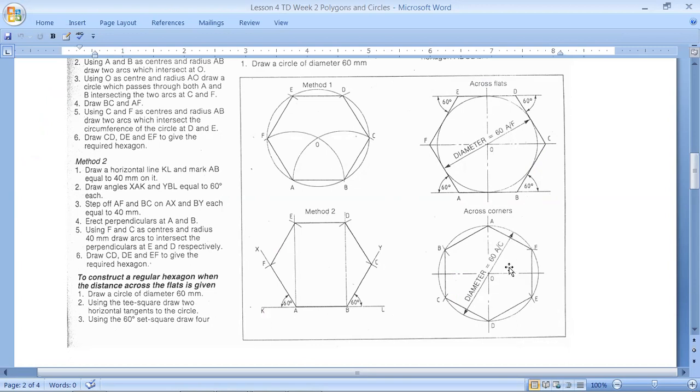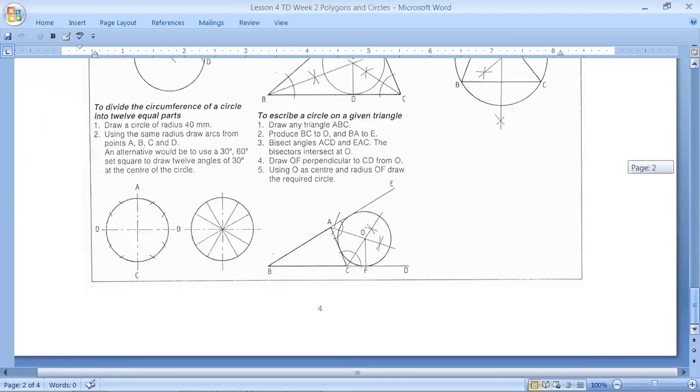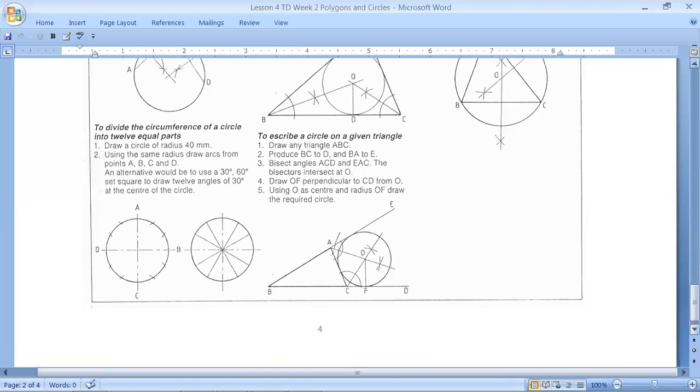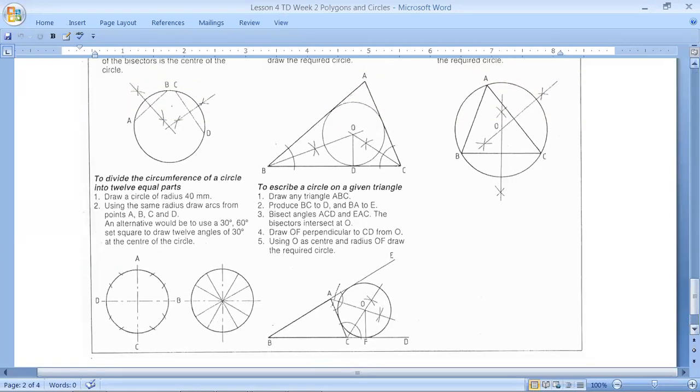The last thing for this topic is how to find the center of the circle.